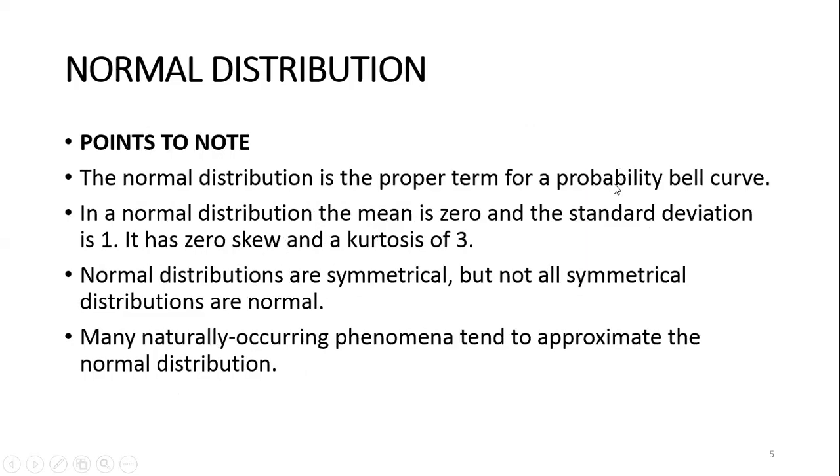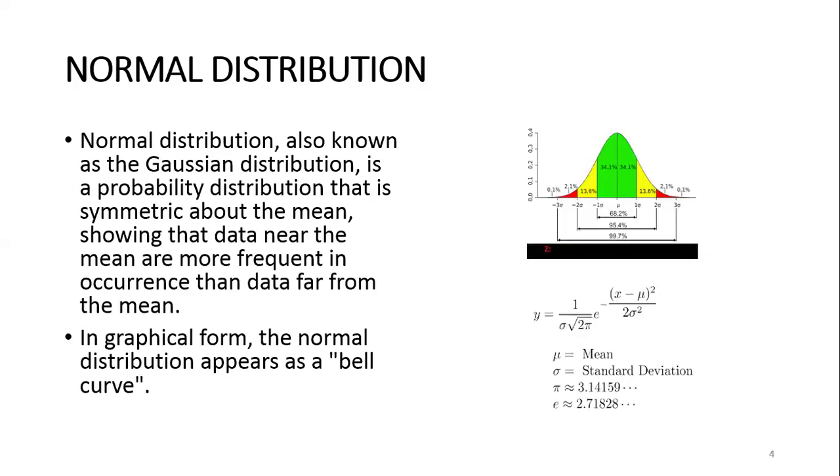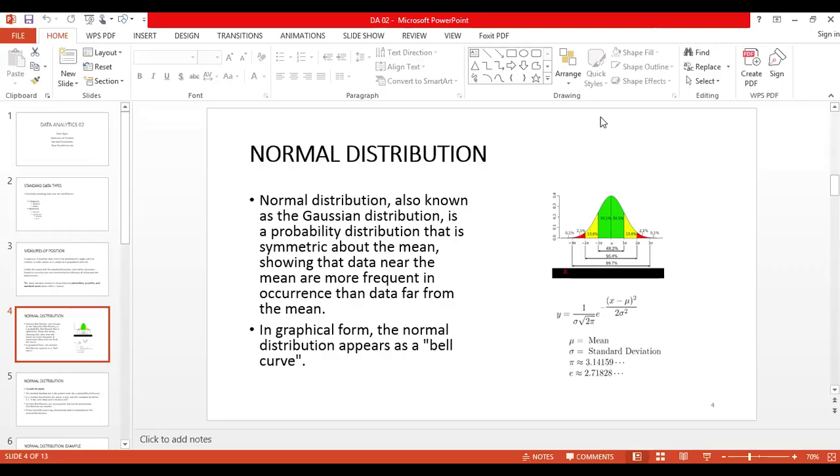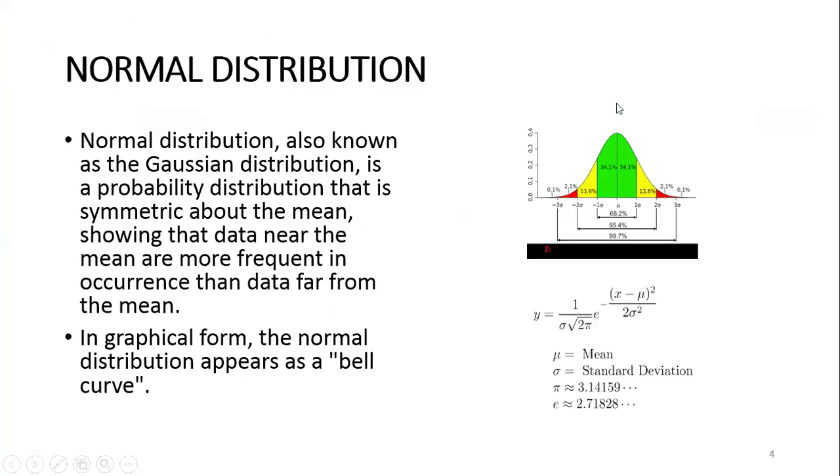So if this curve is split through the mean, the left-hand side and the right-hand side will be exactly equal, the same. The left-hand side will be a sort of mirror image of the right-hand side.